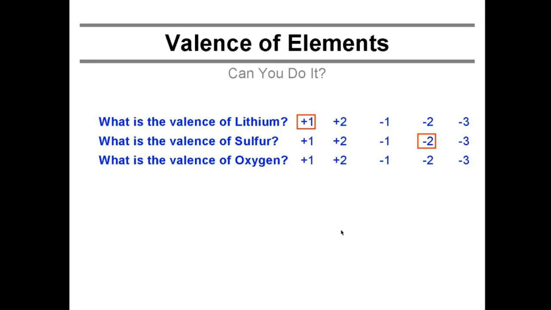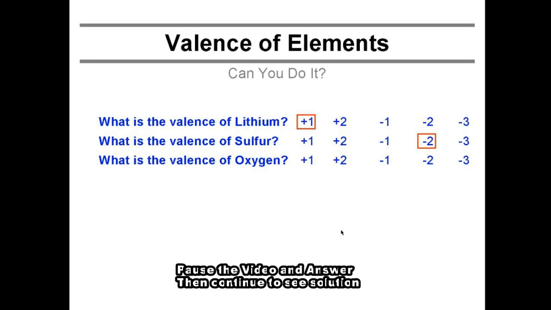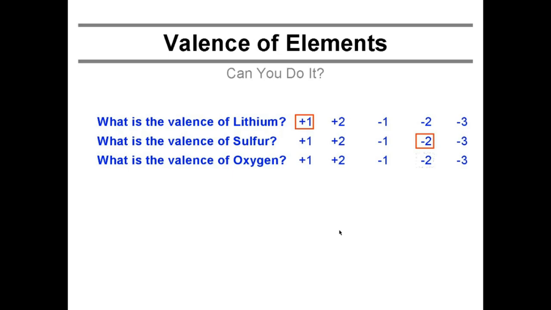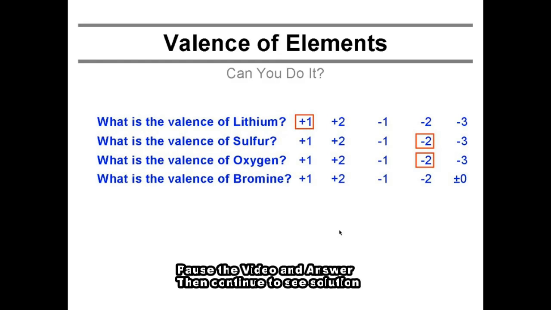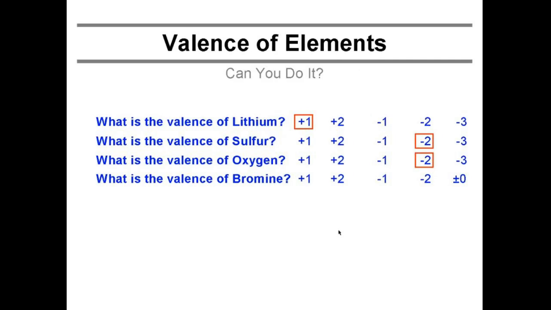We've drawn it before. Probably easier to gain 2 than to lose 6. So also a -2 charge. Bromine. Okay, bromine, another one of those, much easier to gain 1 than to lose 7 others. So the charge is -1.